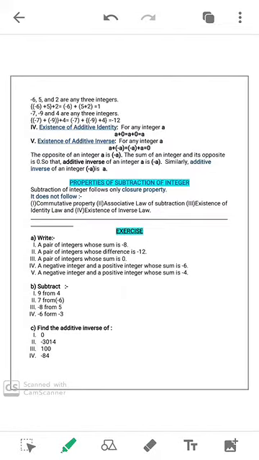Now, properties of subtraction of integers. Subtraction of integers follows only closure property, as we have seen in the first property of addition of integers, that is closure property of addition.